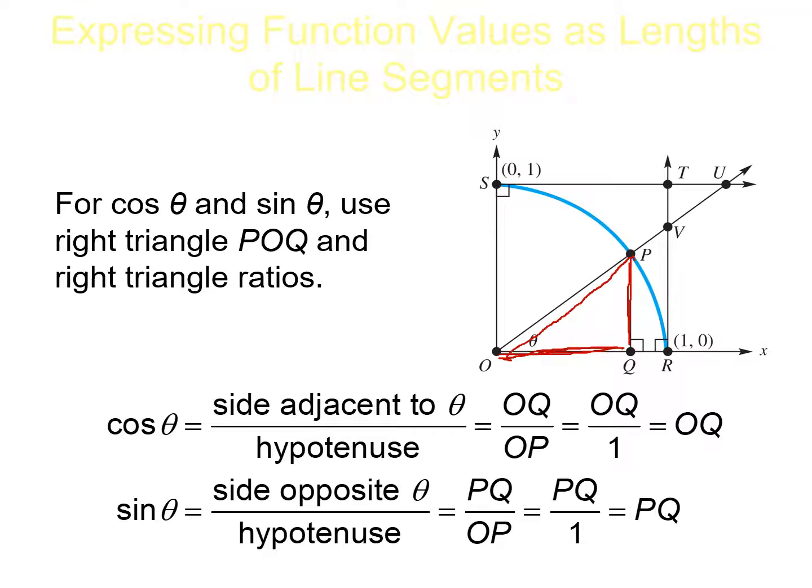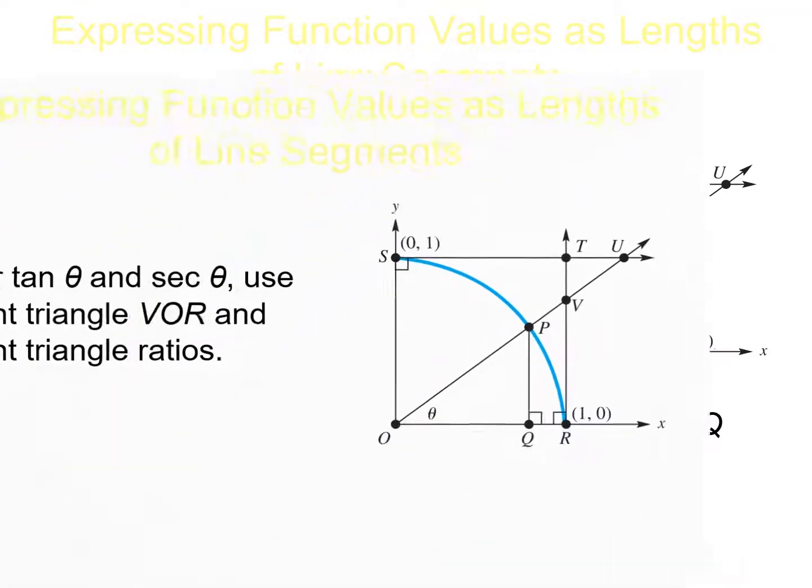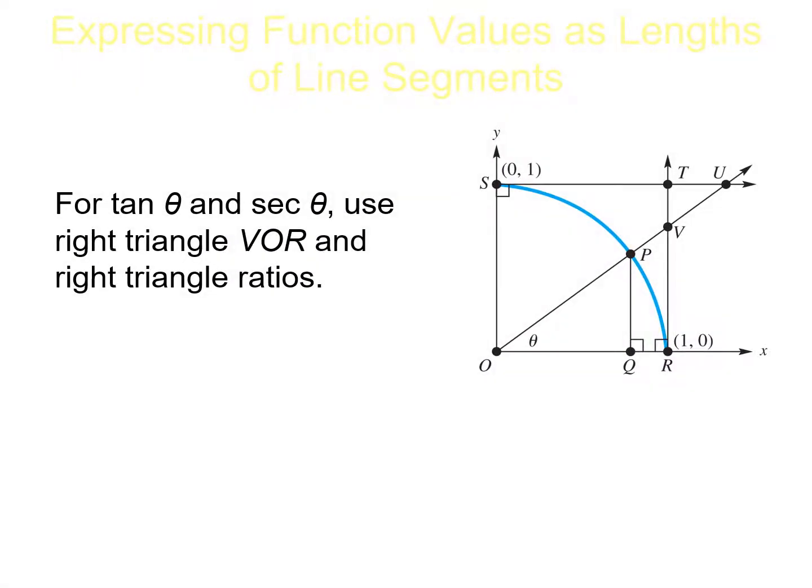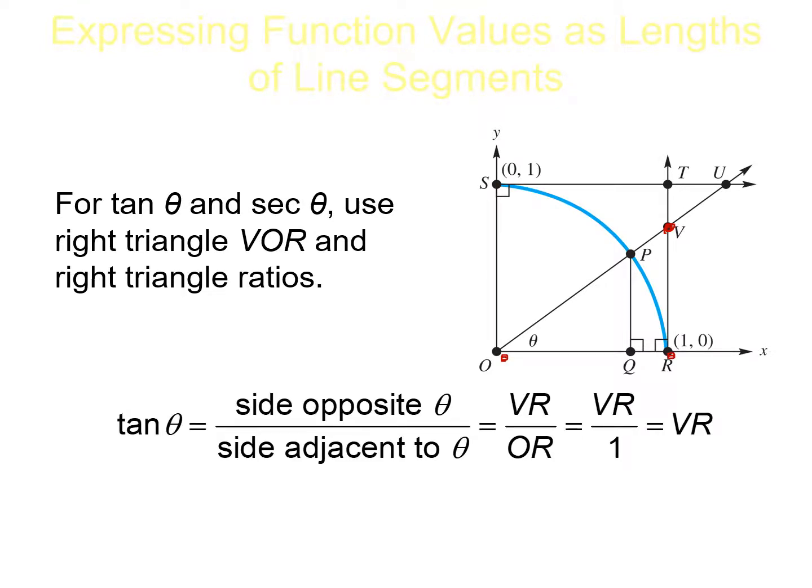We've been doing this. For tangent, we need to use the right triangle VOR. Big one, it starts here. And look at those right triangle ratios, and we see that the tangent of theta corresponds to the segment VR. So this is the vertical segment right here.